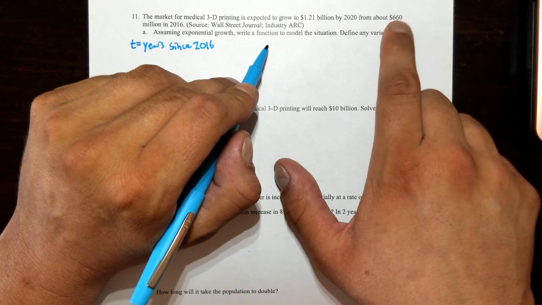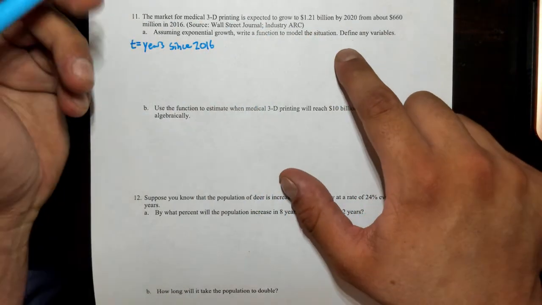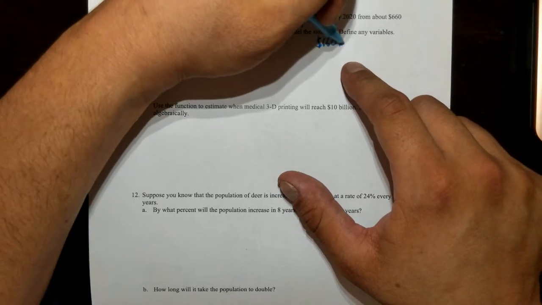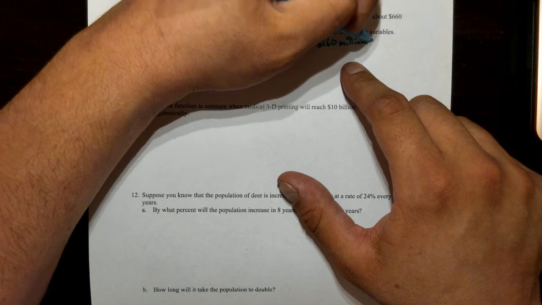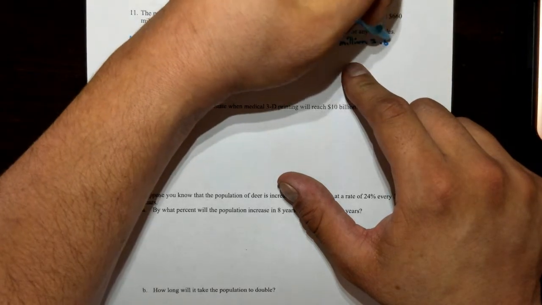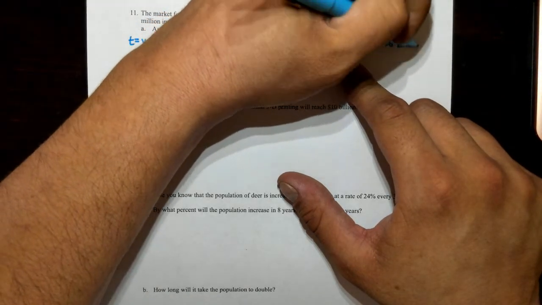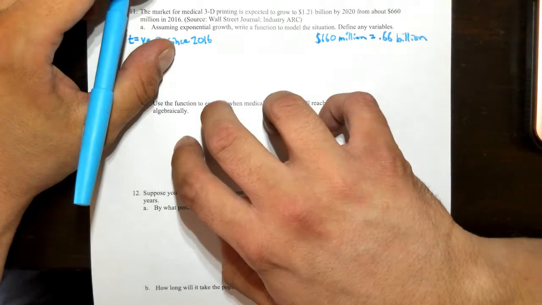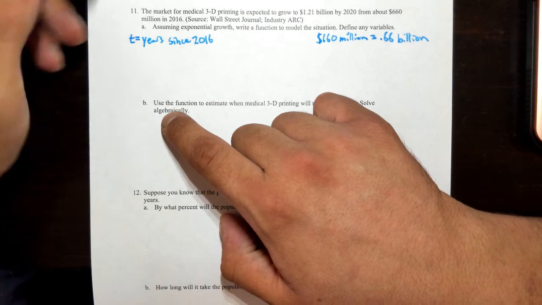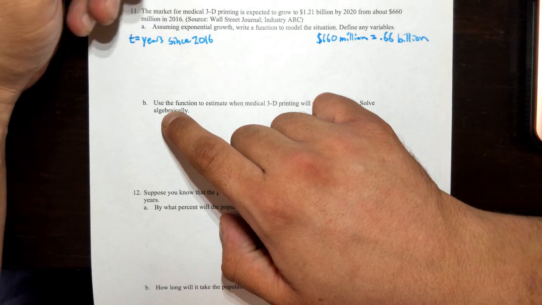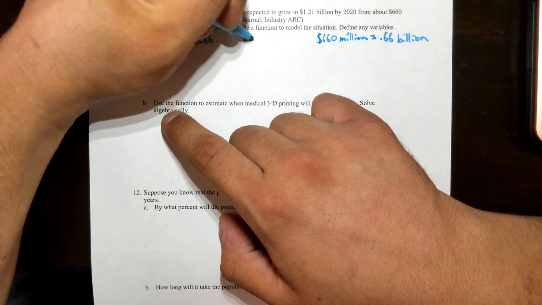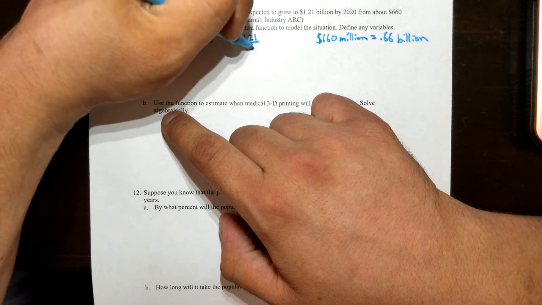So let's put this millions into billions. So let's just note that 660 million will equal 0.66 billion. So we're going to set up this equation in terms of billions, okay? So to find my growth factor, I'm going to take 1.21 divided by 0.66.